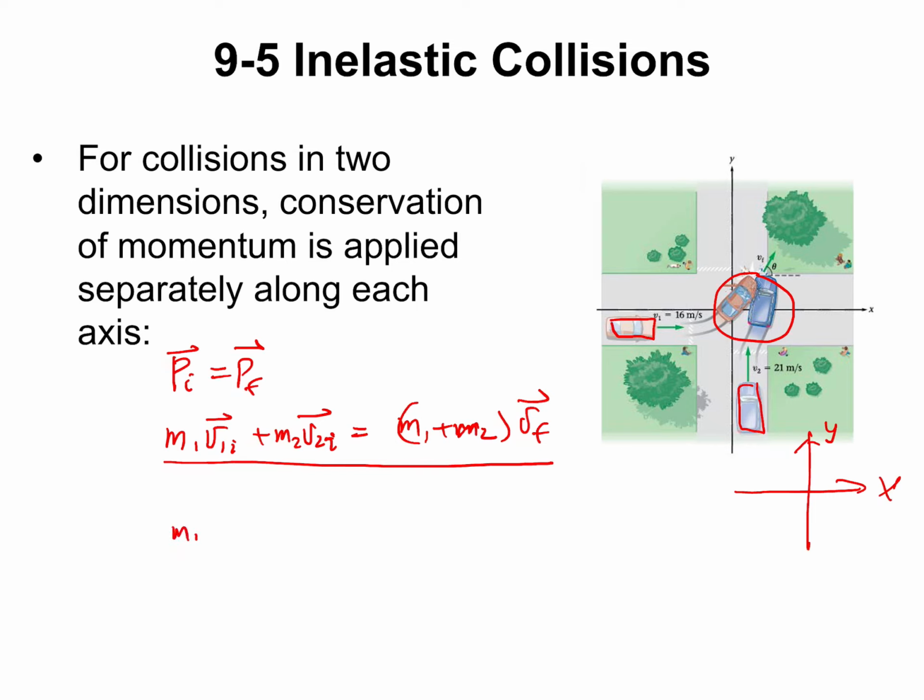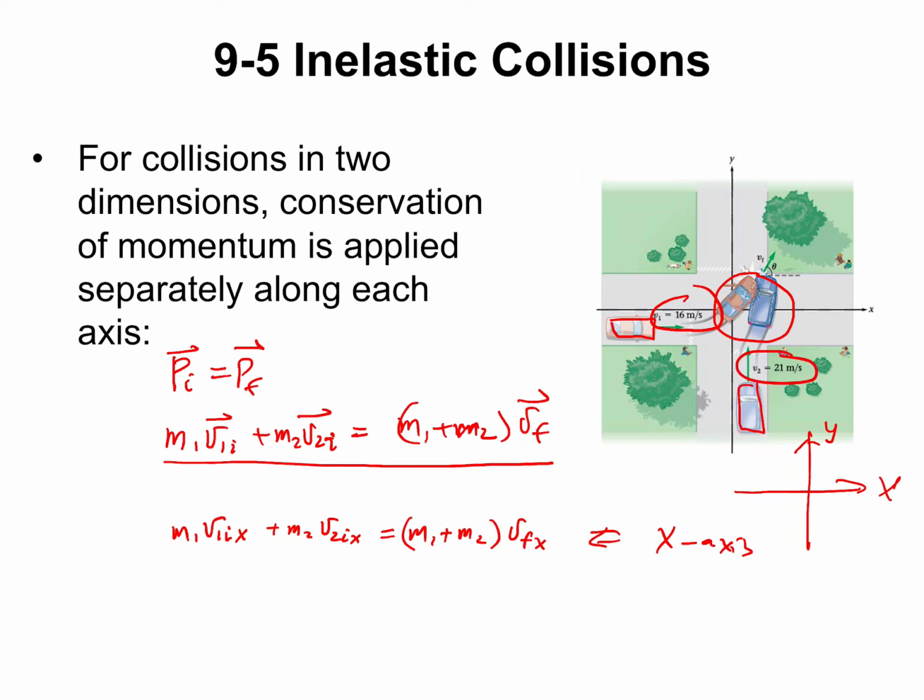Which means m1 v1ix plus m2 v2ix equals (m1 plus m2) vfx. This is for the x-axis. Because we know v1i and v2i, we know their x components.